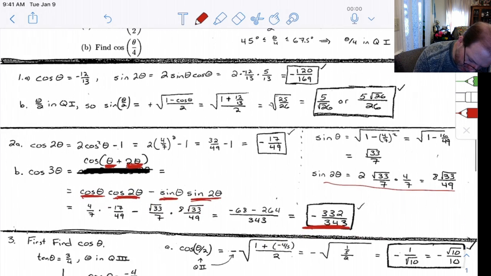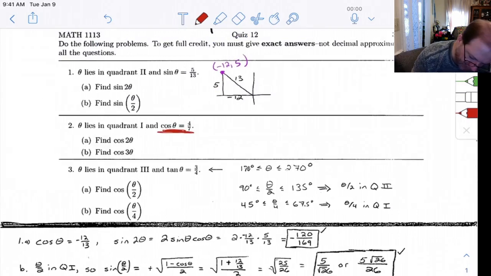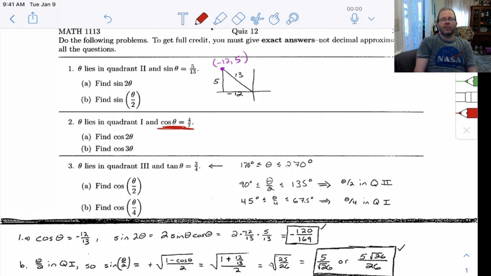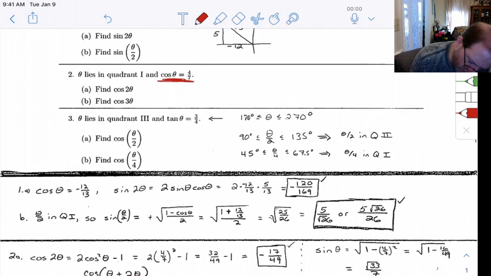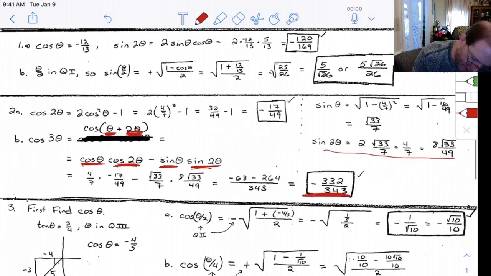All right, problem 3. 3 is the toughest problem here, I would say. Part 1 says theta is in quadrant 3 and the tangent is 3/4. We're asked to find cosine of theta over 2. First up, you want to draw the angle in. So you've got tan theta is 3 over 4.